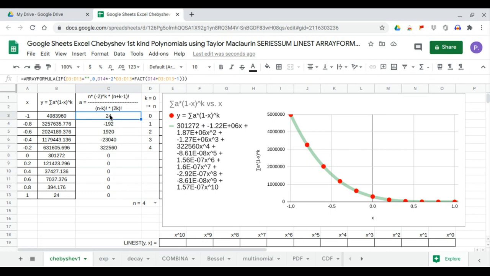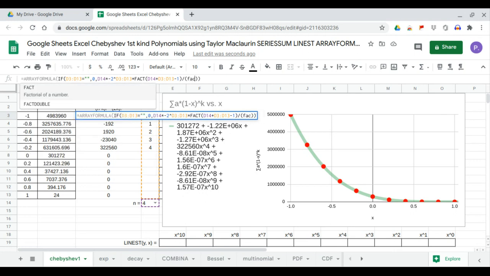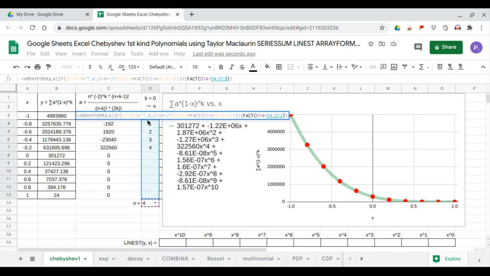Now we continue with the denominator. The denominator has two parts. So we have the first part, that is factorial n minus k. And then multiplied by the second part.